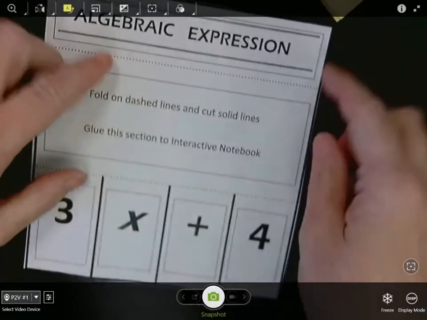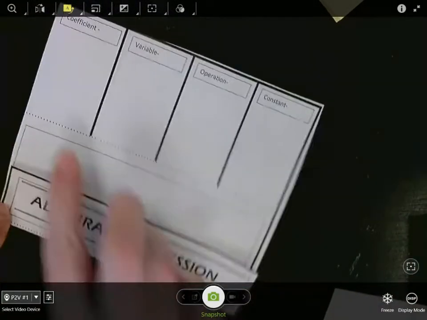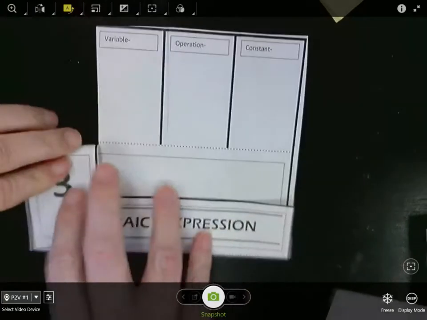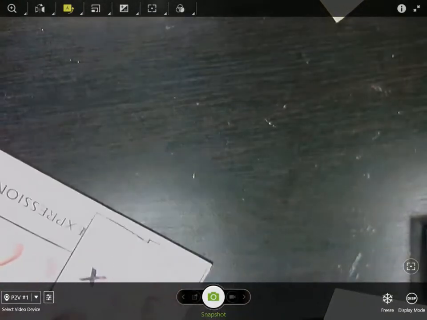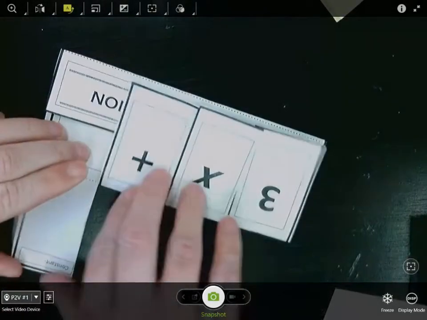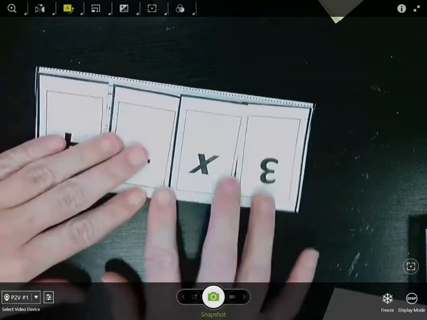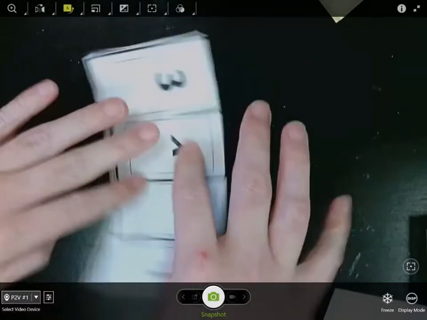So on these dashed lines, we're going to fold. And on each of these, we're going to fold those as well. Okay. Alright, so when you're done, it should look something like this.